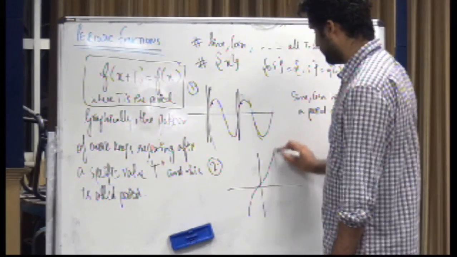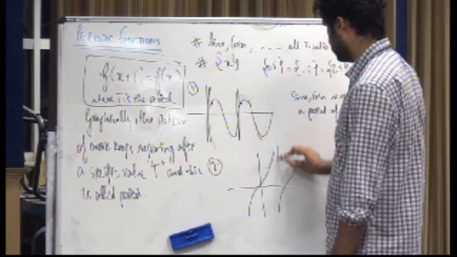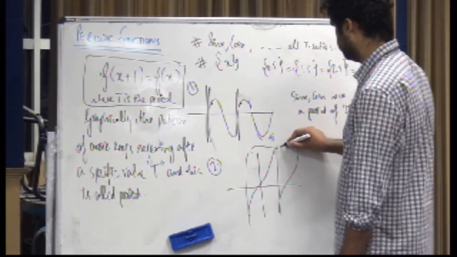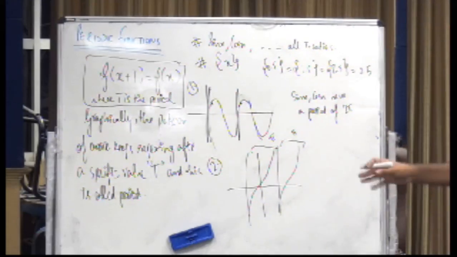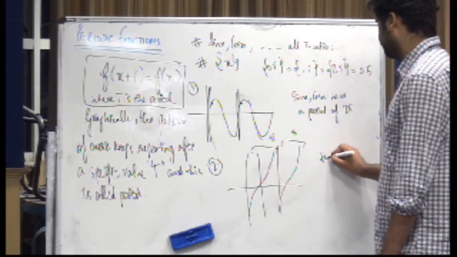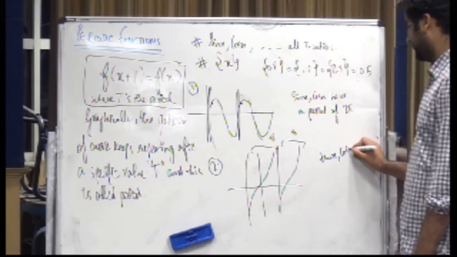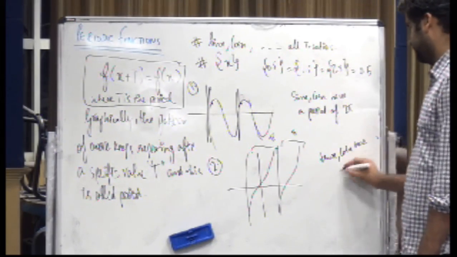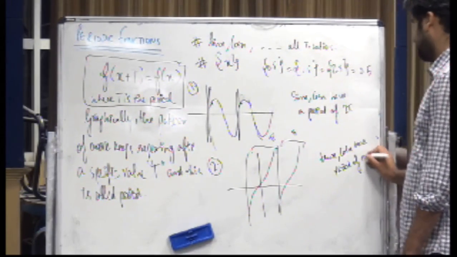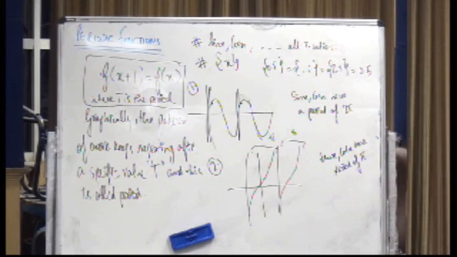So tan x goes like this and this. So this interval of pi is repeating itself after each pi, right? So tan x, similarly cot x, have a period of pi. What about secant x and cosecant x?